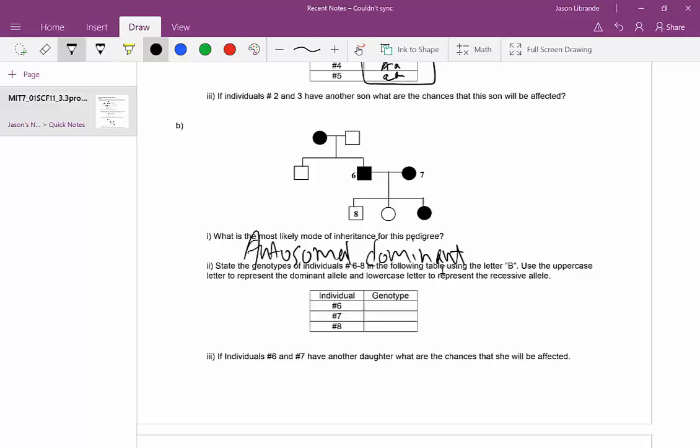Okay, so that leaves us with the same known information as before. So those are going to be lowercase a, lowercase a, lowercase a, lowercase a. Again, we have one parent, homozygous recessive, so there must be at least one lowercase a allele, one uppercase allele for 6.